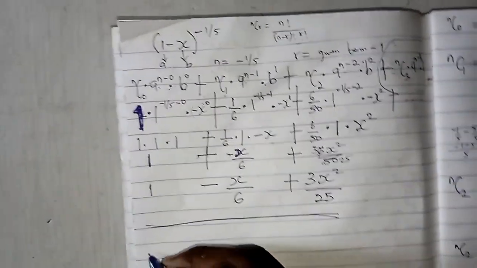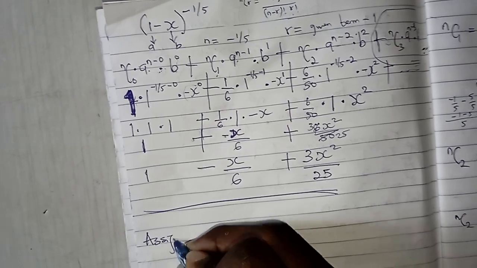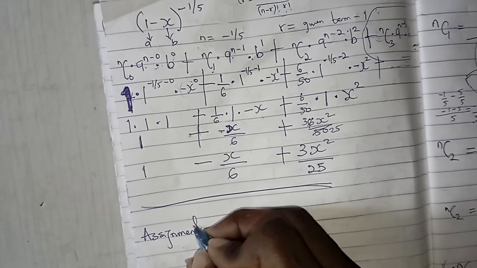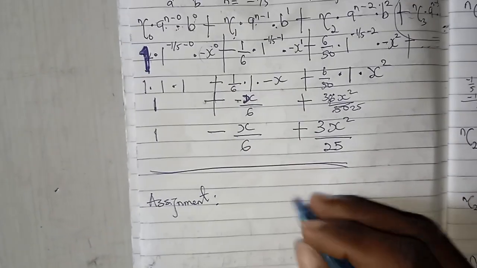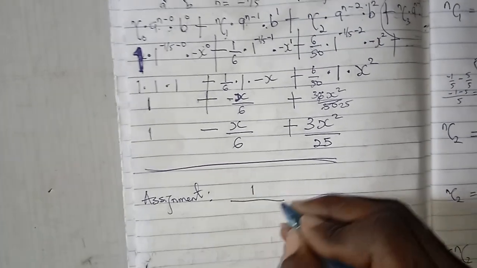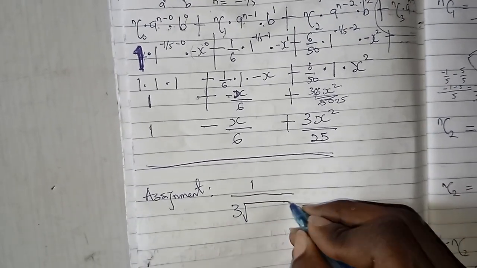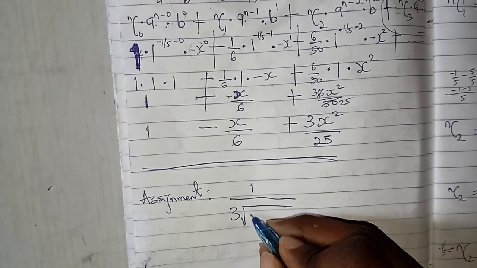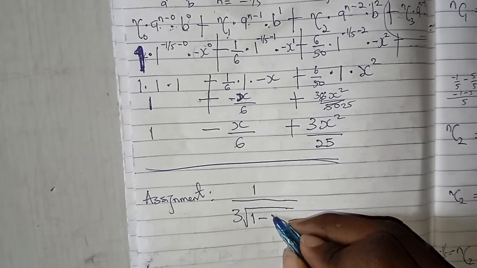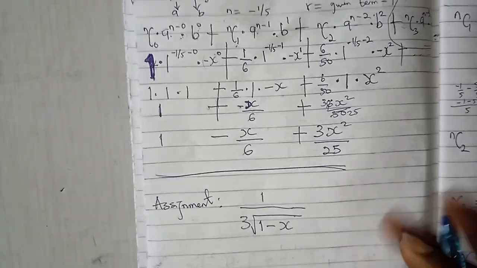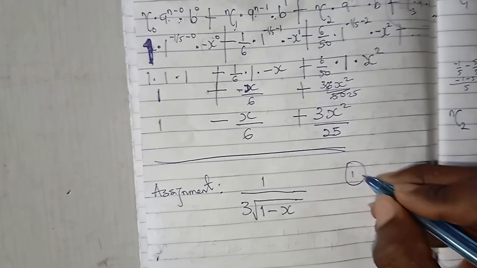Okay, so your assignment is to solve this for me. Assignment, this one, we solved it in class. So if you are not in class, solve this. We did 1 over cube root of 1 minus x. So this is your first assignment.